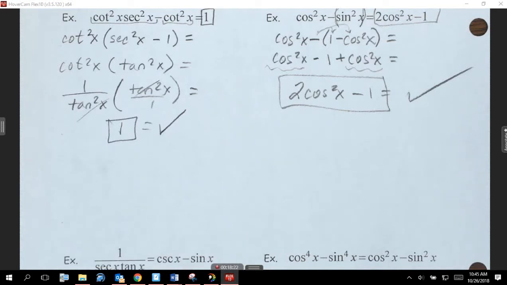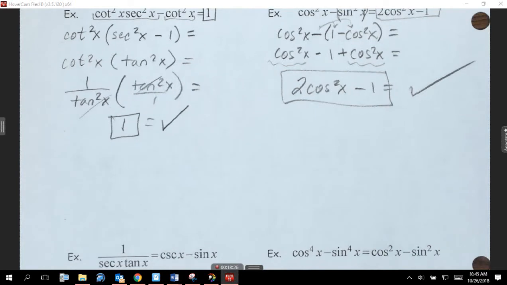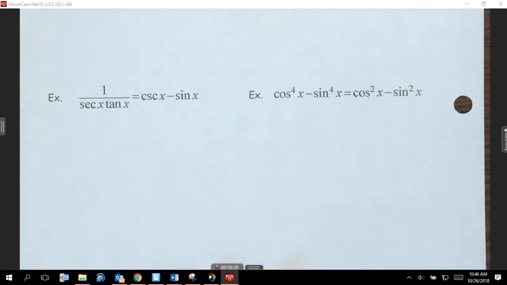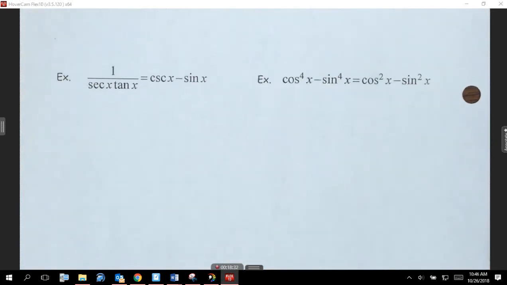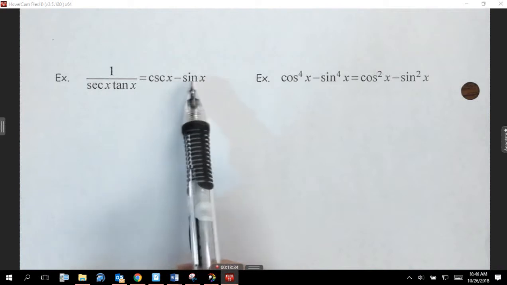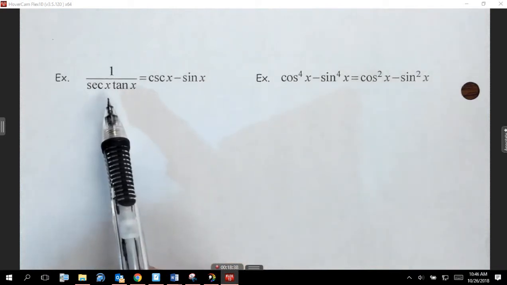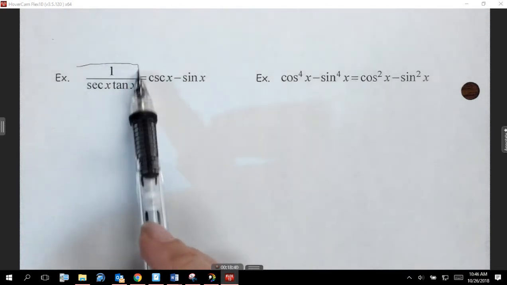Okay, so that next one, you're trying to decide which side to box in. I think subtraction is more complicated than division or multiplication, so I'm going to box in this side.